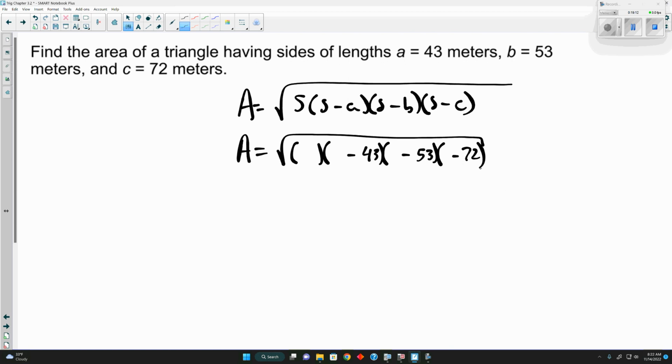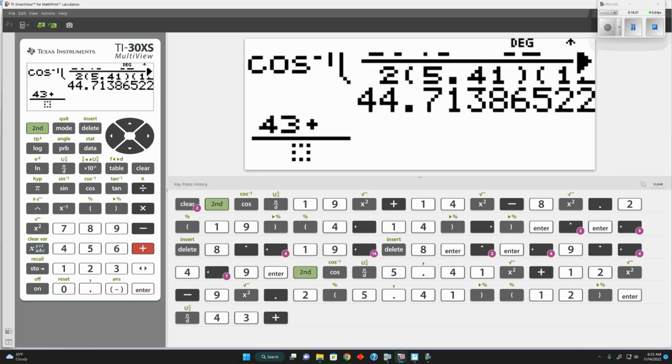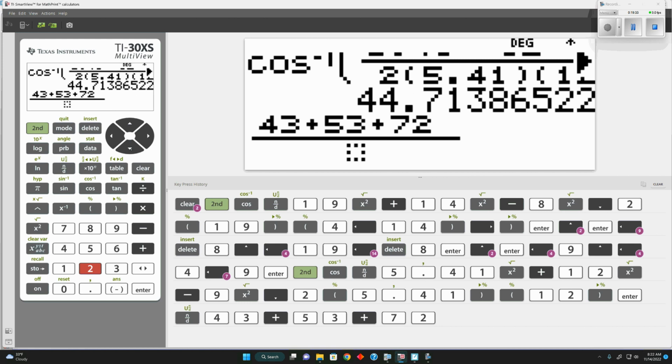So we just need to find the value of S. And S is equal to A plus B plus C, so 43 plus 53 plus 72 all over 2, which is 84.